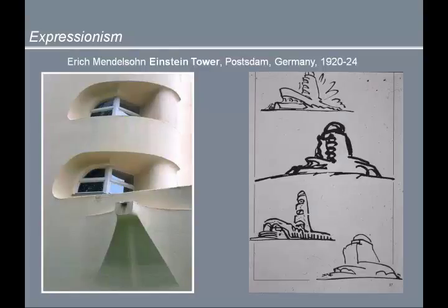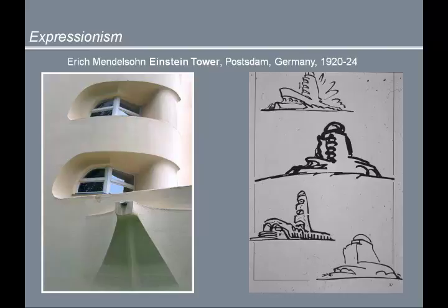Mendelsohn's studies, you can see some of those sketches on the right here, for the Einstein Tower indicate the dynamism of the forms he was envisioning. But a comparison with the built form indicates how difficult it is to translate this expressionism into solid materials.